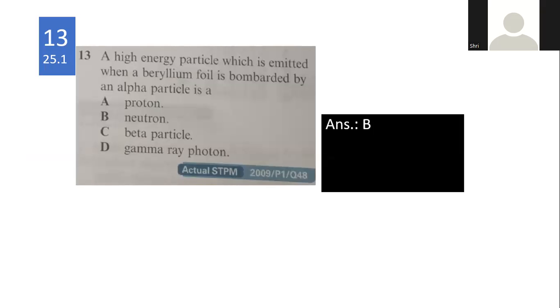The high energy particle which is emitted when a beryllium foil is bombarded by alpha particle is... this one is memory work only. Okay, good.